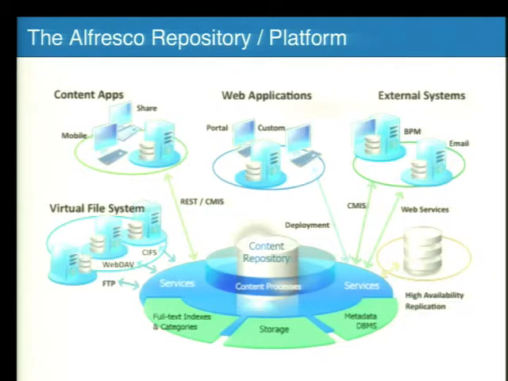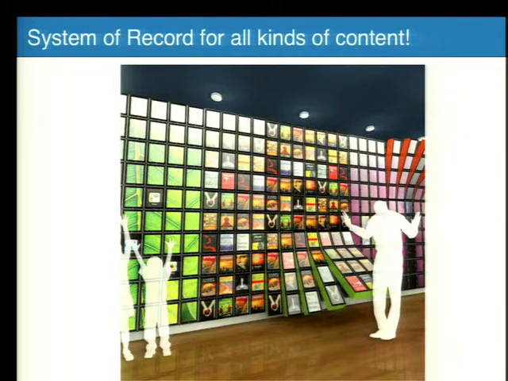We're going to talk about a lot of the capabilities the platform has for WCM, but it's important not to put blinders on and think about Alfresco's applicability in just a specific vertical that you've seen a talk on. Alfresco can serve as a great system of record, a place for all of your different content types to exist.